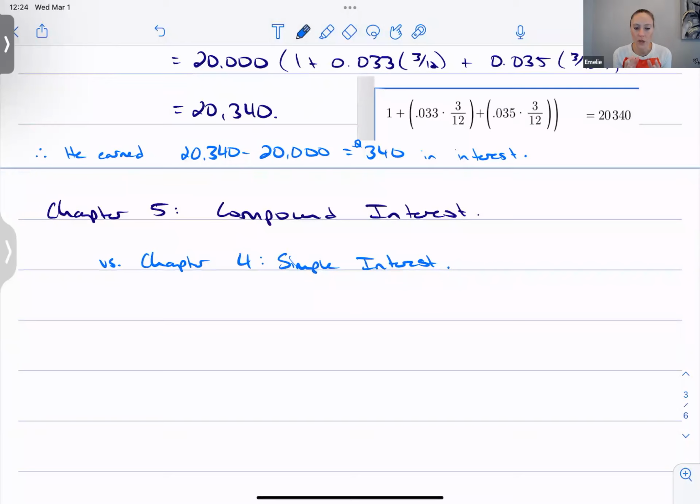We've talked about simple interest and learned a lot of skills around it. What's really nice is that a lot of those ideas also work in compound interest.